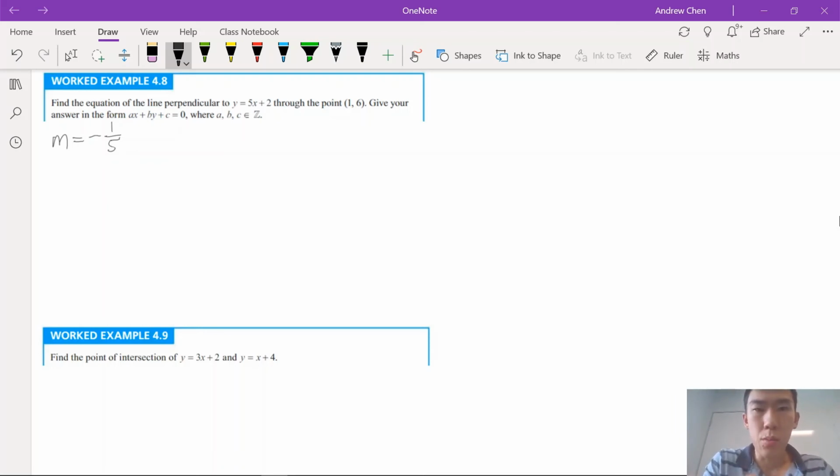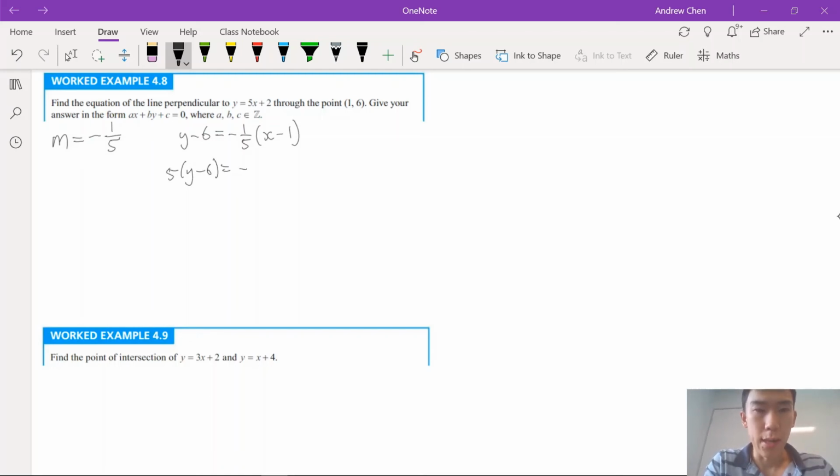And then since we know our point, we're just going to sub this into our point gradient form. So y minus y1 equals m, x take x1. Alright, since at the end of the day we want all our coefficients to be integers, I'm just going to multiply both sides by 5 here.